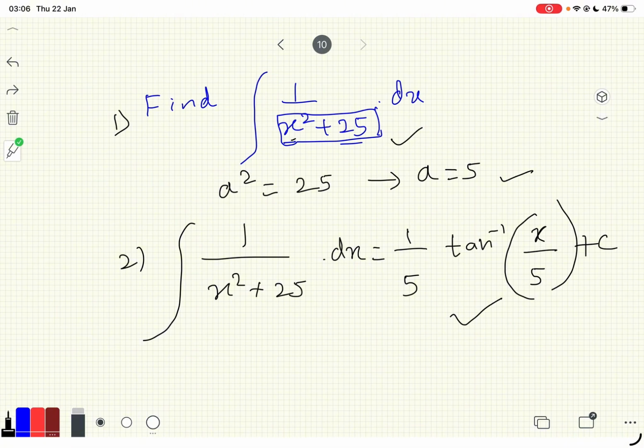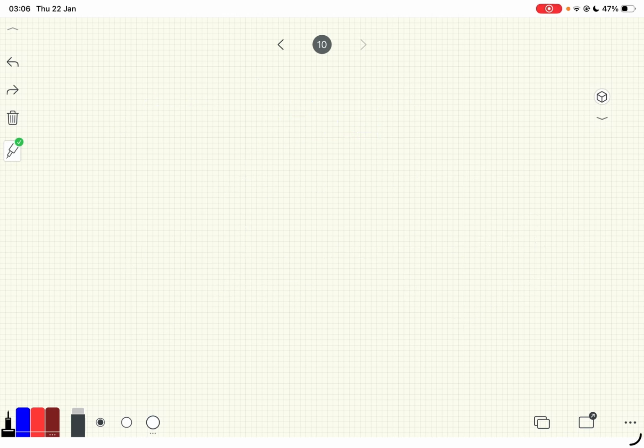So if you're fine with this, let's see one more example. Let's find the integral of 1 over 2x squared plus 3 dx. So here you try to understand whether it is x squared plus constant form.